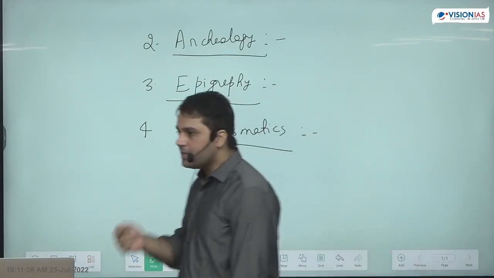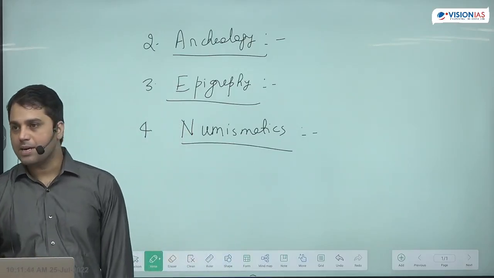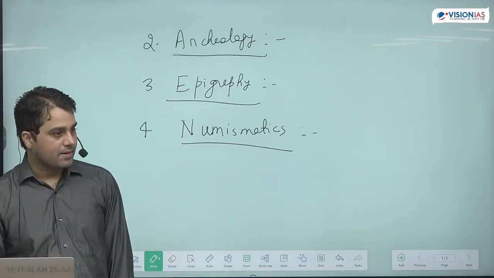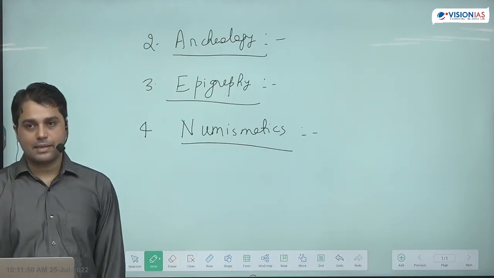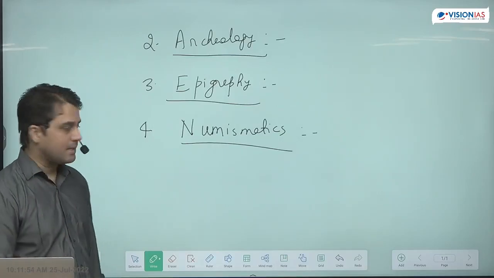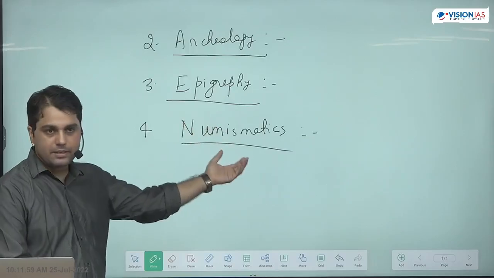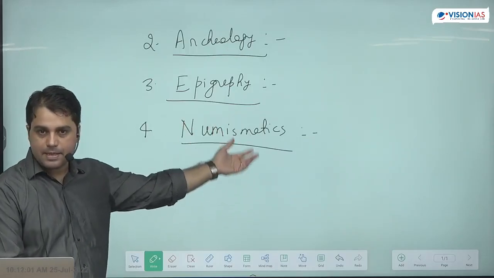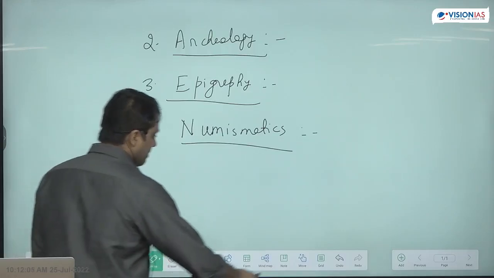So this restriking of coins is useful sometimes to understand the political development in the subcontinent region. So at least in a few cases it does tell you about the political development also, and I will give you those examples. But even though it is very, very useful for economic history, trade relationship, prosperity, it can be useful also for political development.